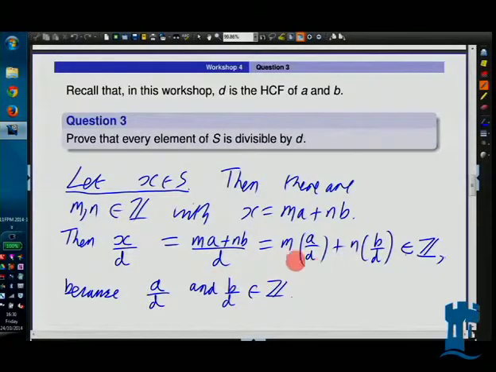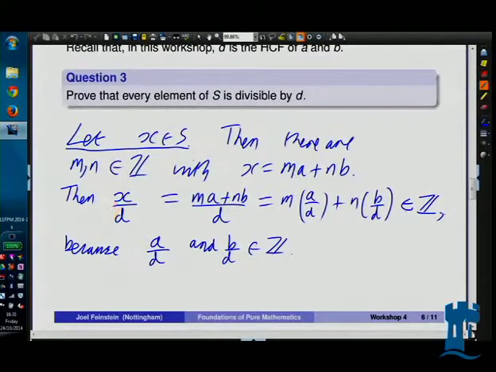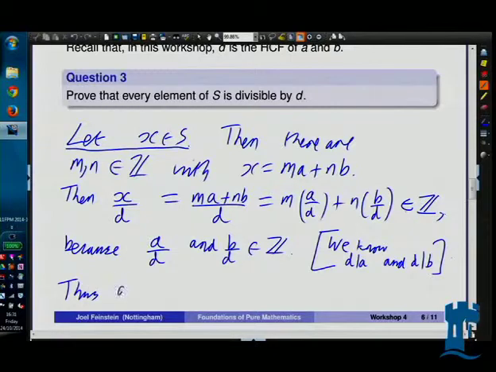And then if you combine integers like this, integer times integer plus integer times integer, that gives you another integer. So we've shown that x over D is an integer, so D divides x. So if you wanted to say that, we could put a comment in there, we know D divides a and D divides b. And the conclusion then is that D divides x.